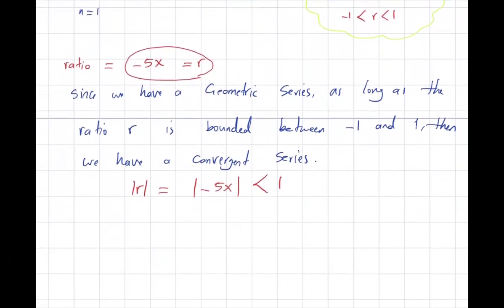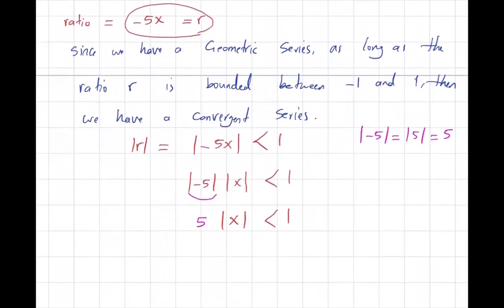I can break this down into absolute value of -5 times absolute value of x, and it must be less than 1. But absolute value of -5 is equal to 5 itself. So you end up with 5 times absolute value of x less than 1, divide by 5, and absolute value of x is less than 1/5.